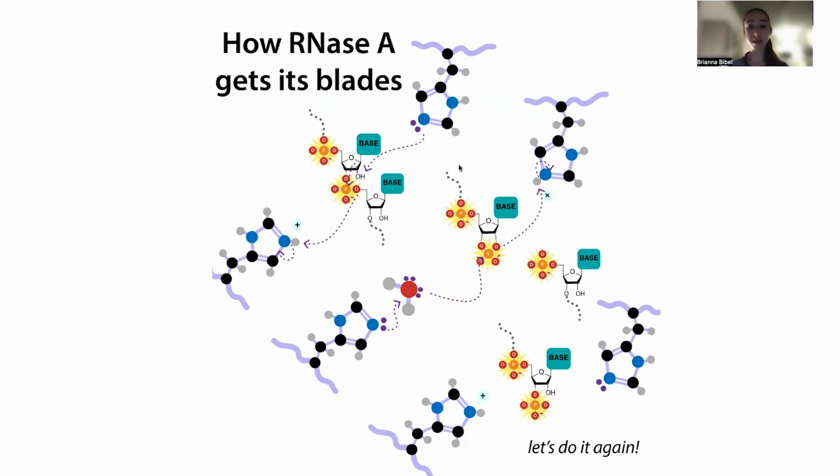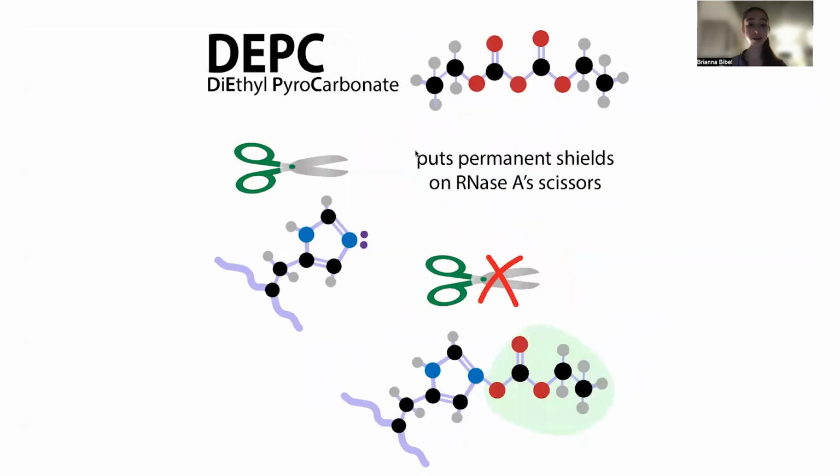And all of this is taking place because you're able to do this ping pong mechanism, giving and taking protons from histidine. And so often in the active site of enzymes, you're going to have an altered environment that's going to make it more conducive for either giving or taking protons under various conditions. So histidine is really, really cool.